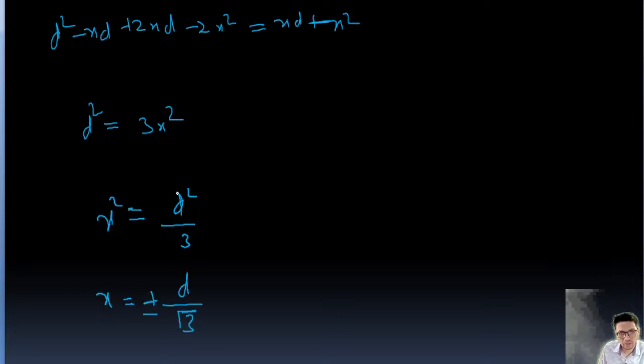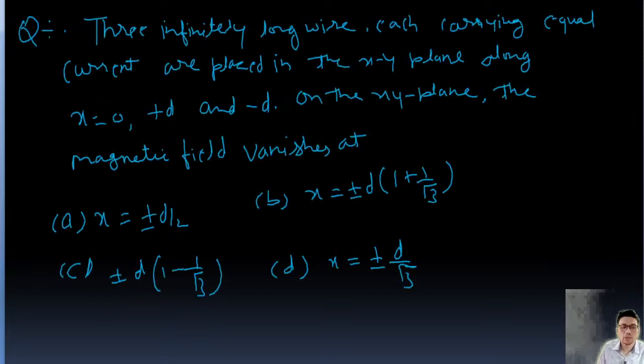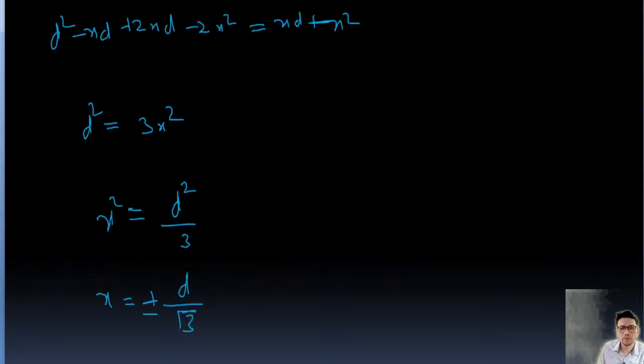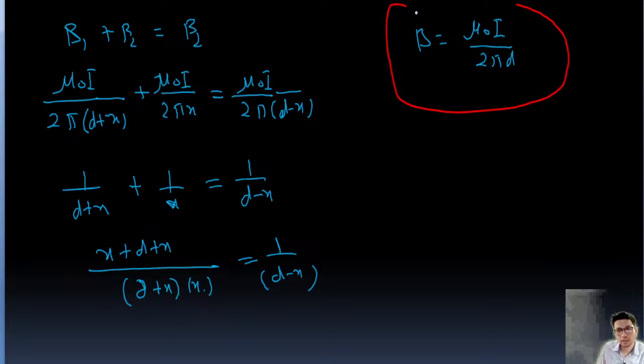On the xy plane, the magnetic field vanishes at x equal to d by root 3. Very good question, guys. You should know that the magnetic field due to an infinitely long wire is mu 0 I upon 2 pi d.